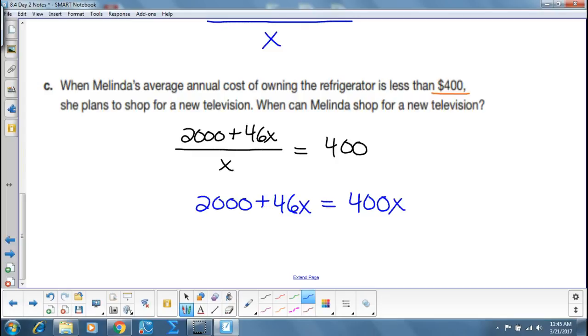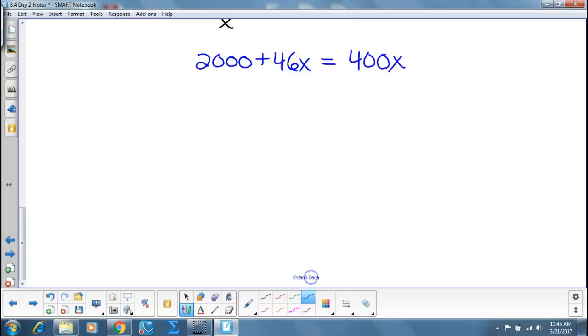How am I going to go about solving that one? Subtract 46x. So we get 2,000 equals 354x.